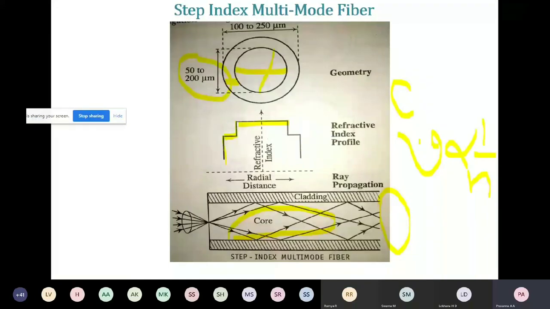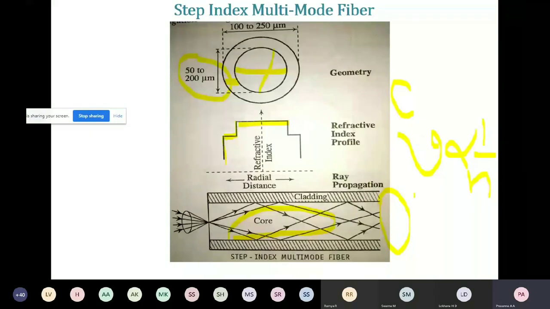For example, you know that the velocity of light is 3 into 10 power 8 meters per second in vacuum, whereas the velocity of the same light in air is a little smaller, and in glass it is even smaller. It may be around 2 into 10 power 8 meters per second in glass, because glass has a higher refractive index, around 1.5 to 2, depending upon the material.